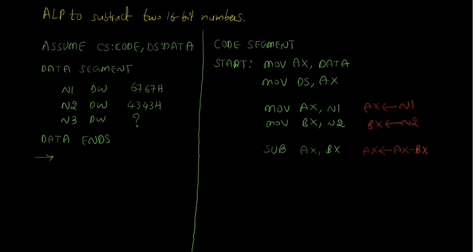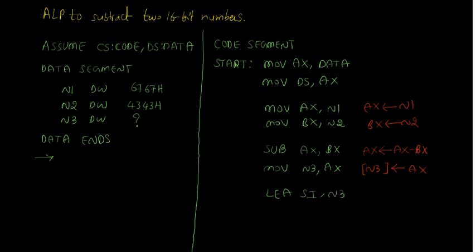Now same thing, we need to store the result at n3 location. Move n3, ax. So at n3 location you are storing this ax. Next, to know the value of this n3 location, you can use load effective address of n3.